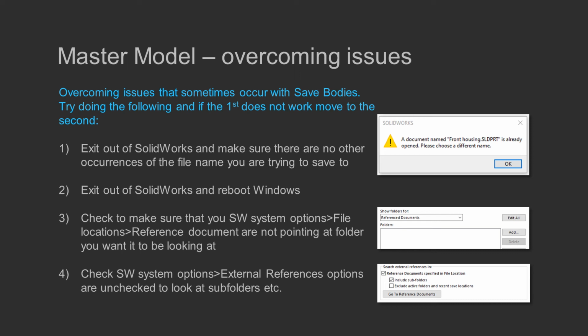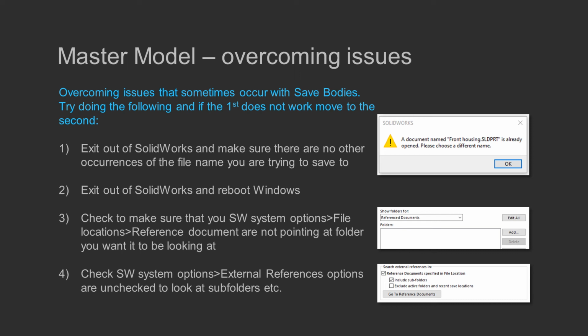Make sure that list isn't pointing at folders where this supposed front housing is living, or just disable that. You can also go to System Options, External References, and uncheck that option, or uncheck Include Subfolders, which will limit where SolidWorks can go to look for that file and not complain at you that it already exists.